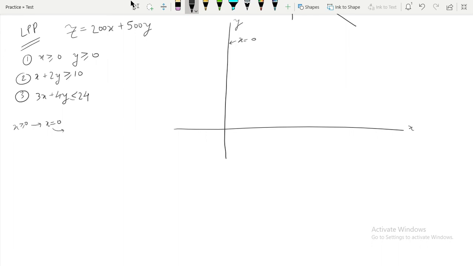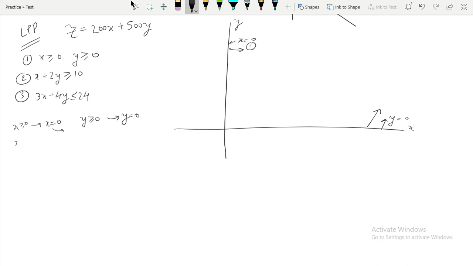Now x greater than 0 means all the values on this side, the region is on the positive side of this graph. Now similarly, if y is greater than or equal to 0, we would be taking the y is equal to 0 line, which is this line, and more than 0 means the area above this is the region.